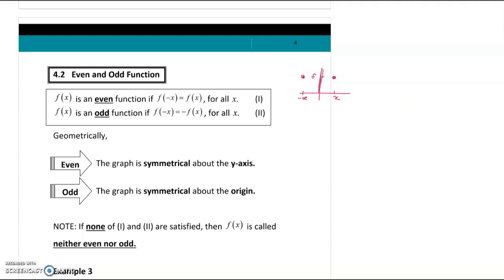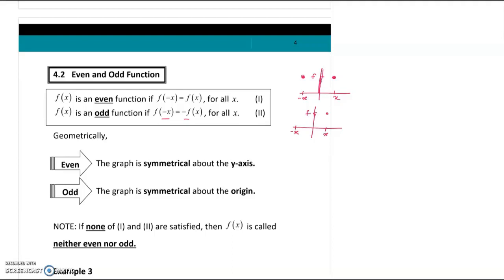But for the odd function, if this is your x and this is your f(x), it is an odd function if f(-x) equals the negative of f(x).